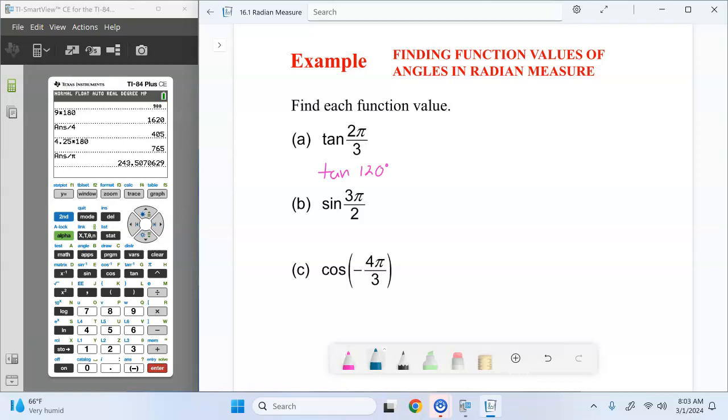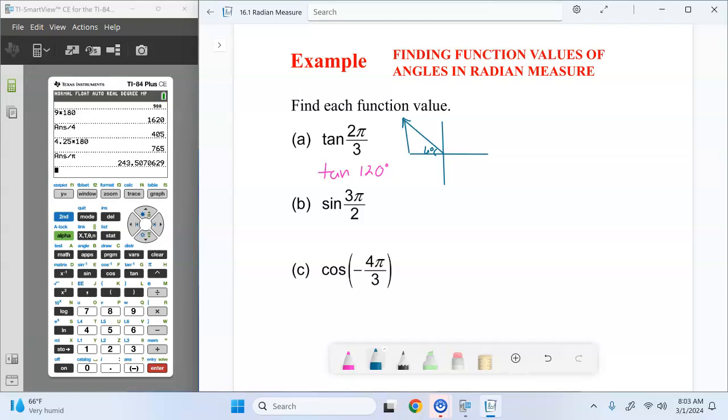So how do we go about starting that? What do we need to do first? Find the reference angle, by subtracting from 180. So what quadrant is 120 in? Quadrant 2. Okay. So over here, what is our reference angle? 60. All right.